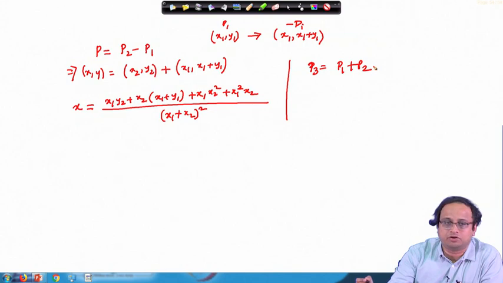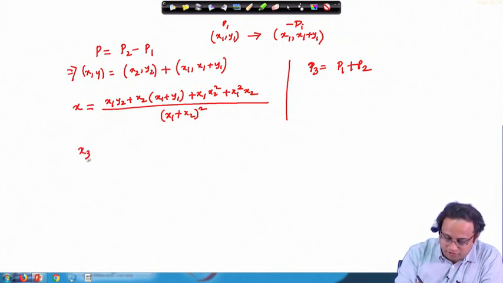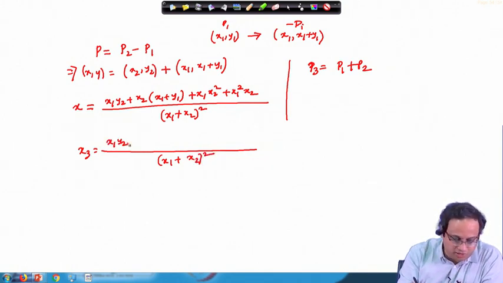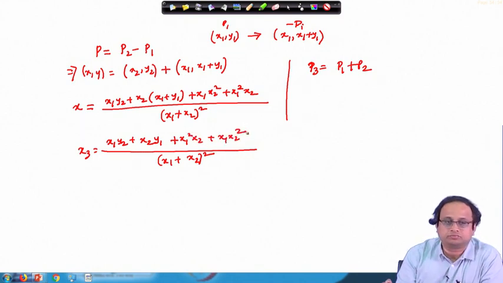That is what I am trying to derive. So, trivially I can write similar stuff for x3: x3 is x1 y2 plus x2 y1 plus x1 square x2 plus x1 x2 square.